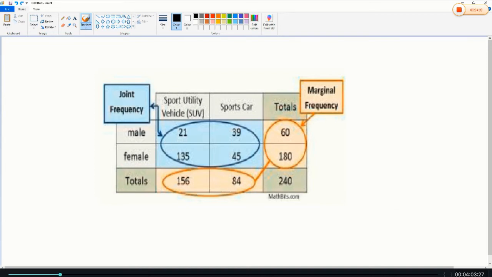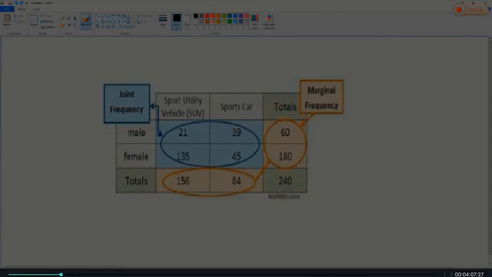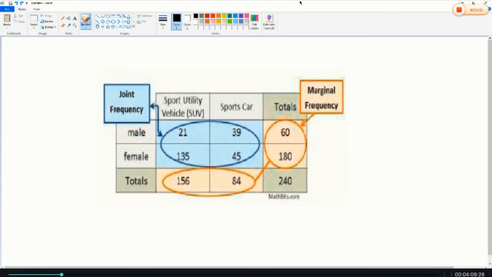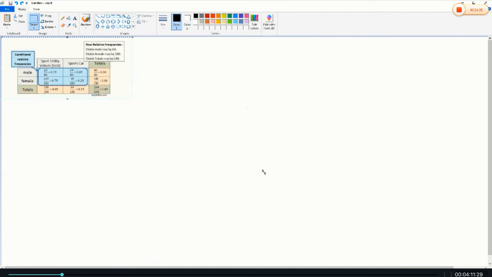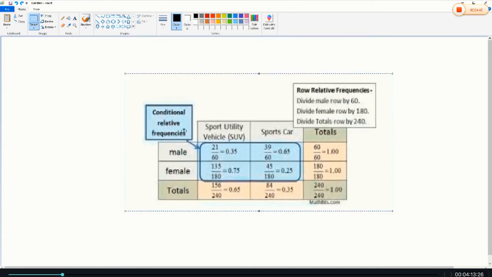Next, you'll see a same two-way table like this, but instead it will be showing a frequency called conditional relative frequency. You basically use this frequency if you know the marginal frequency, and I think you guys can guess this, but it's basically dividing the amount of that specific category by the total marginal frequency.